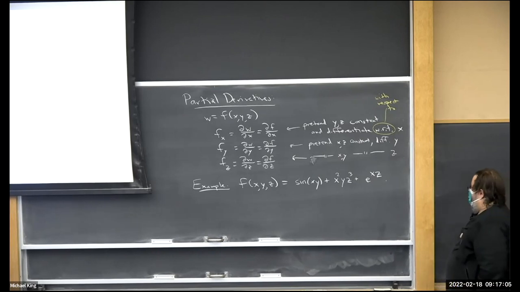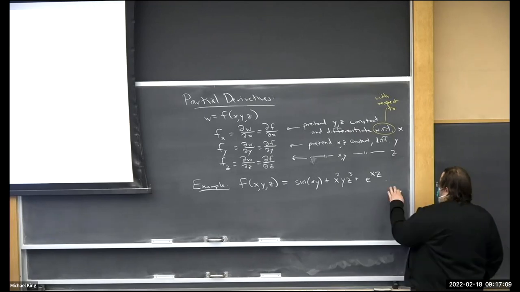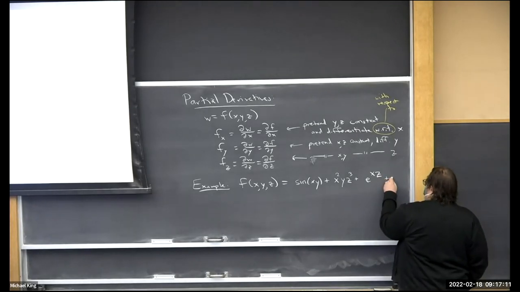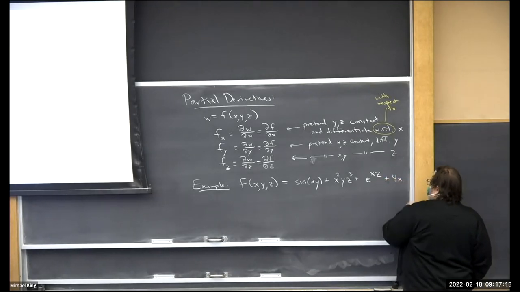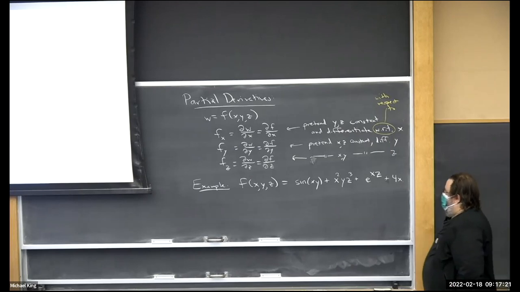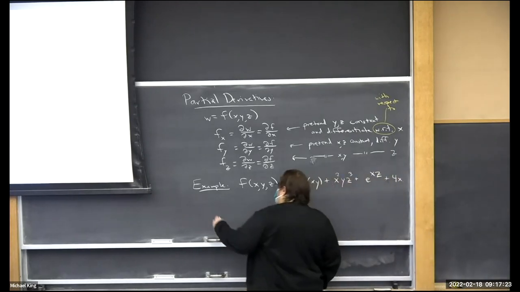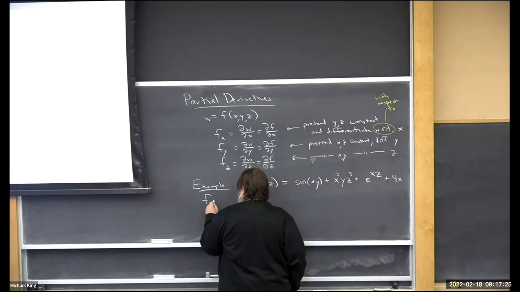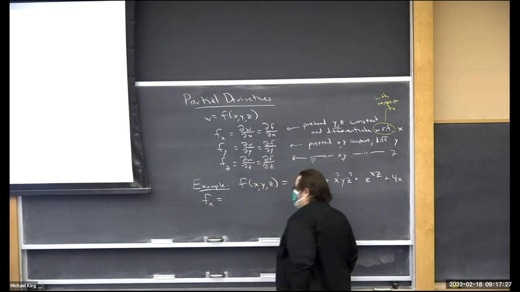This is some function of x, y, and z. Actually, let me do something like a plus 4x, just to keep some things in mind. Okay, so let's all take a minute. Well, maybe let's do the f sub x together, and then maybe I'll give you guys a few minutes to try to do the partial y and the partial z.